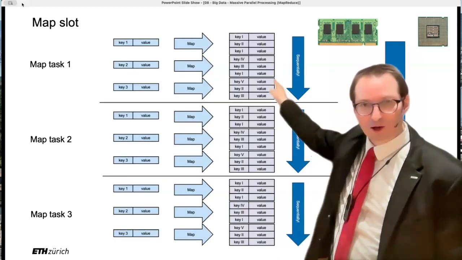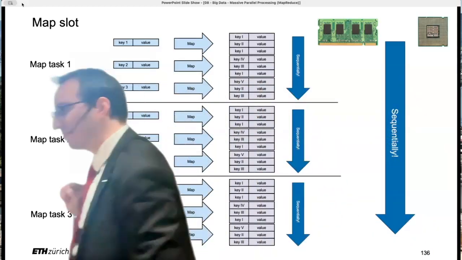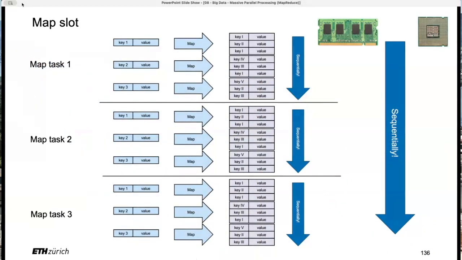So here we got 3 intermediate files that contain the intermediate key values, sorted by key, not necessarily by value. You can, if you want, that's called secondary sorting. You can require it to also sort the values, but otherwise it's not going to bother sorting the values within the same key, right?